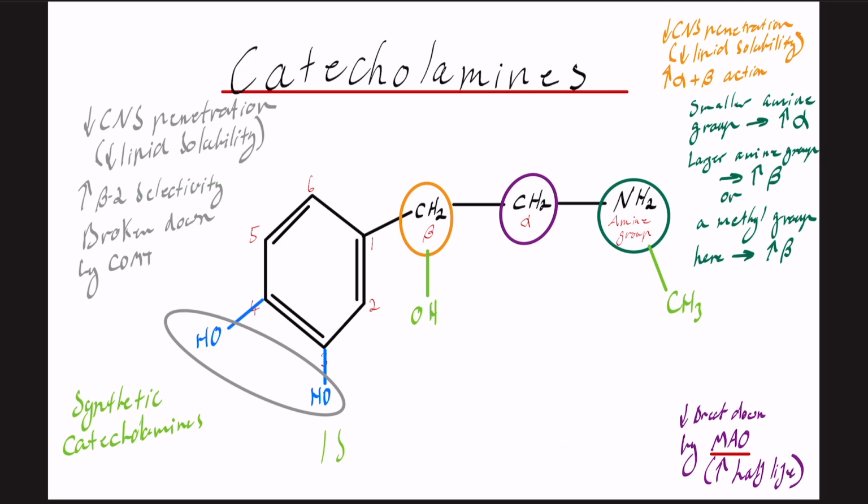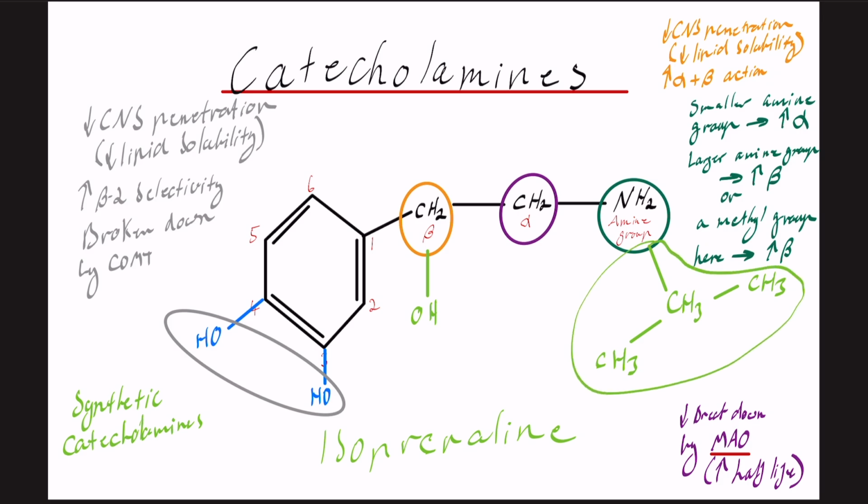So now we'll talk about isoprenaline. Isoprenaline has a similar structure to phenylephrine, but you have the hydroxyl group on position 4 added back to the catechol ring. And you have these extra methyl groups that are added on to the methyl group that's attached to the amine group. So the molecule is essentially the same as adrenaline, with the exception of the isopropyl amine substituent, which confers more beta selectivity, but it doesn't make it specific for any particular beta receptor, so it's for both beta 1 and beta 2 receptors.